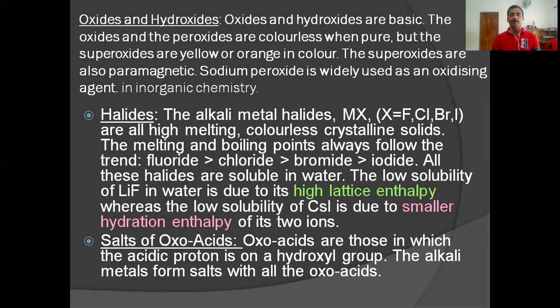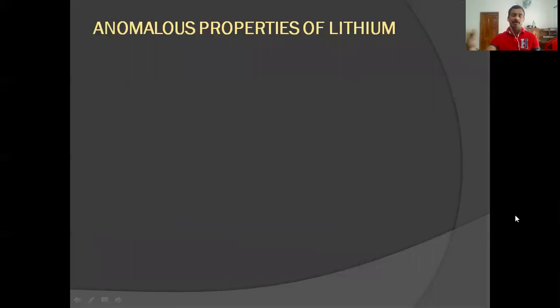The alkali metals form salts with all the oxoacids: with nitric acid, sodium nitrate; with sulfuric acid, sodium sulfate; with phosphoric acid, sodium phosphate. Alkali metals will react with all oxoacids.